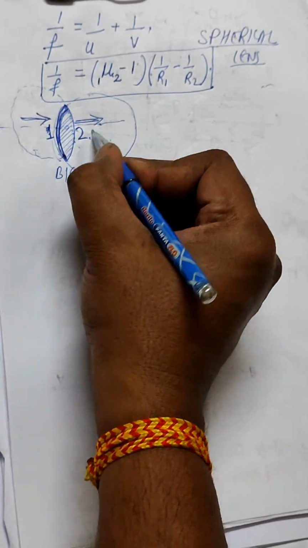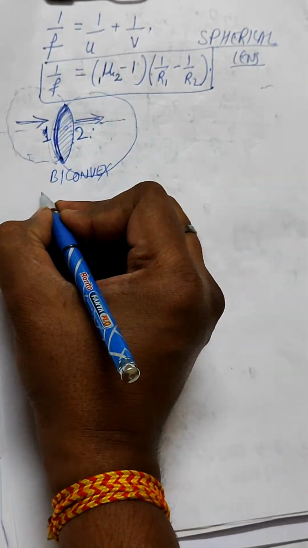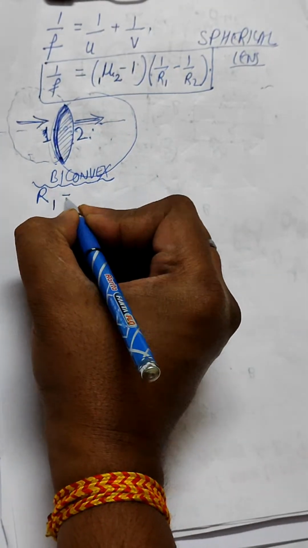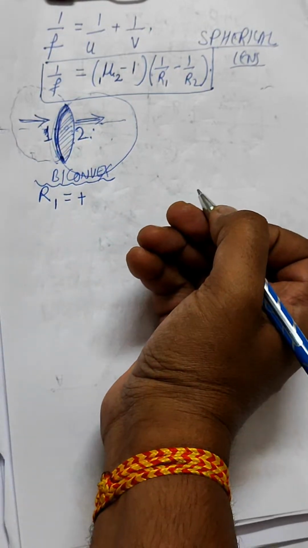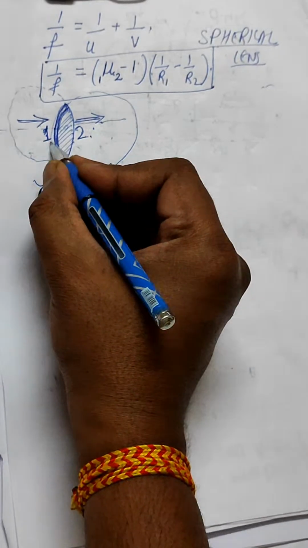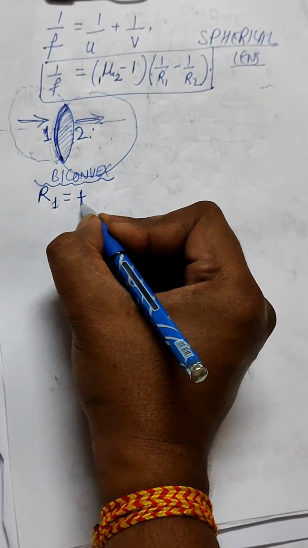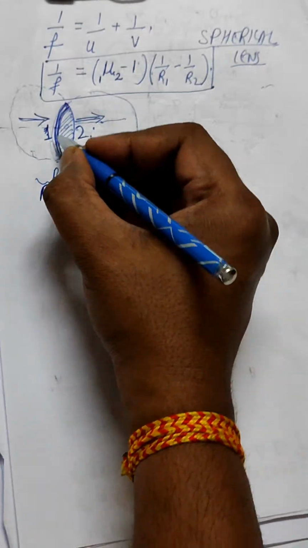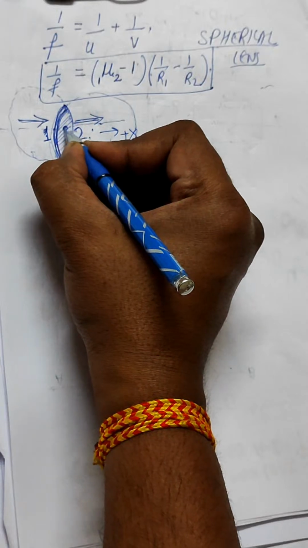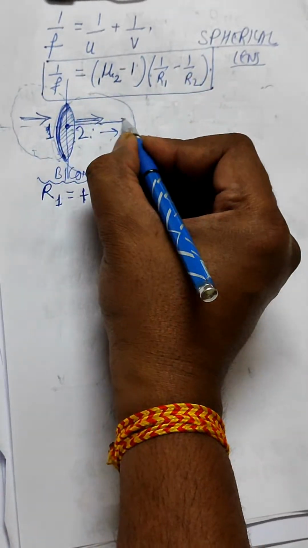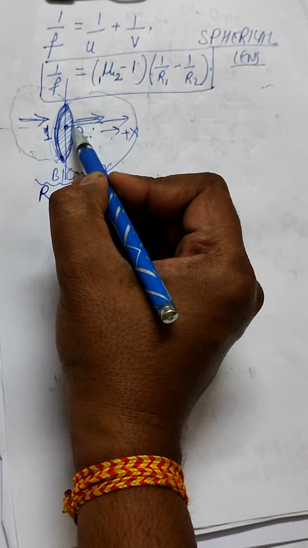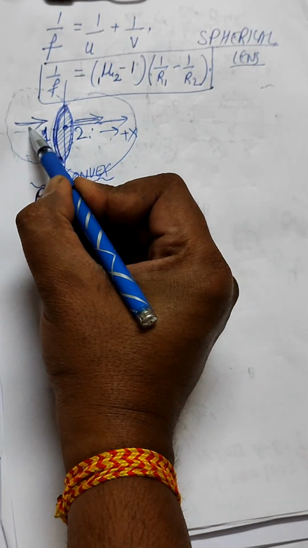And if this is going towards positive x, then we know that for a biconvex lens, the radius of curvature R1 of the first surface is always positive, because you can see this is going towards plus x, right? If this is the number line, you can simply see. And this is the second surface, having its radius of curvature on the left-hand side.